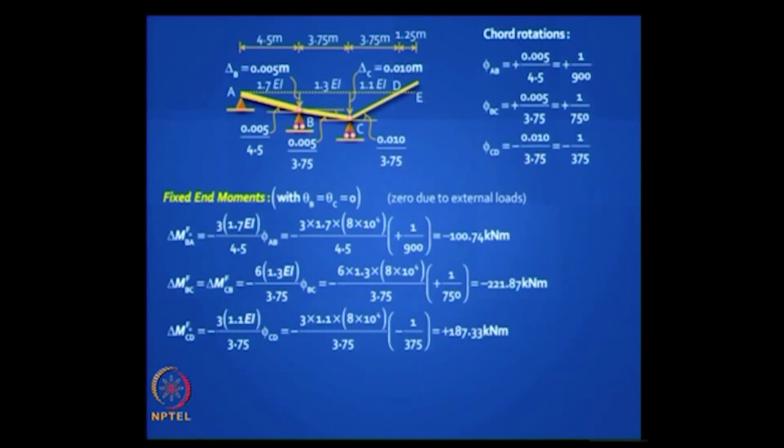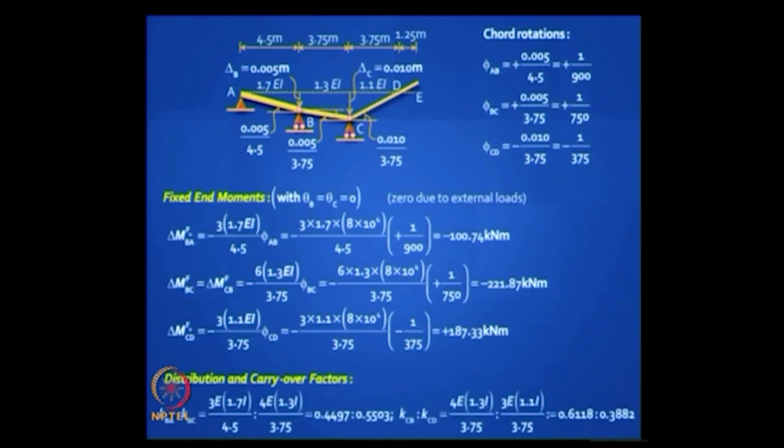Distribution factors, carryover factors. Shall we do that? You have to find out distribution factors at B and C. Take B. It is 3EI by L, and the I's are different for the 3 elements, and 4EI by L for the middle element, right? So this is straightforward.